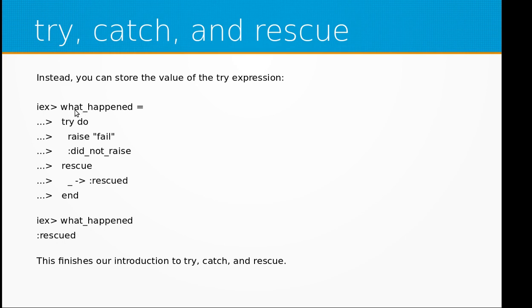Here you can see the difference: what happened equals means whatever is returned by this try catch block is saved into the what happened variable, and afterwards we are fetching the value of what happened, and it is giving us rescued.